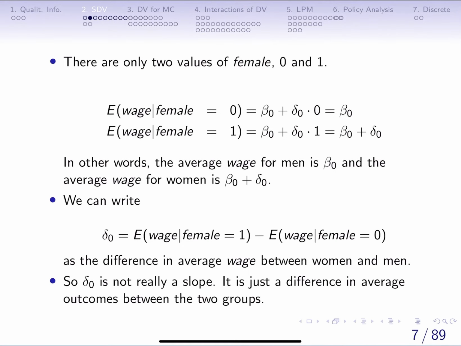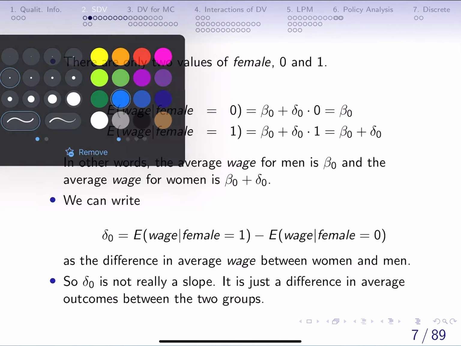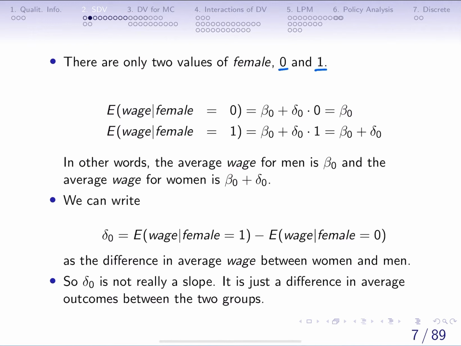Now notice, because female only takes two values, 0 and 1, we can actually write out the expected value for males in this way. So all we do is take the expected value and we plug in 0 for female. This is the case for males.